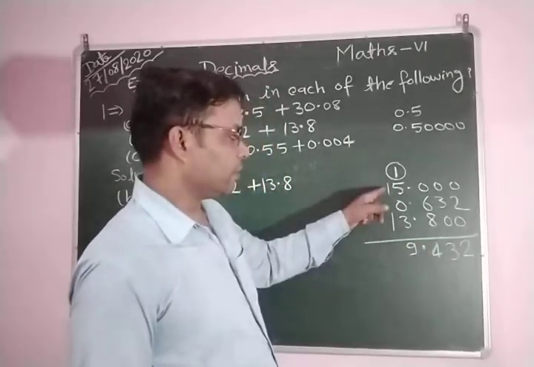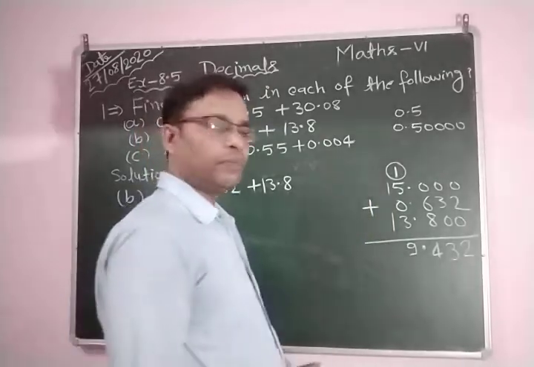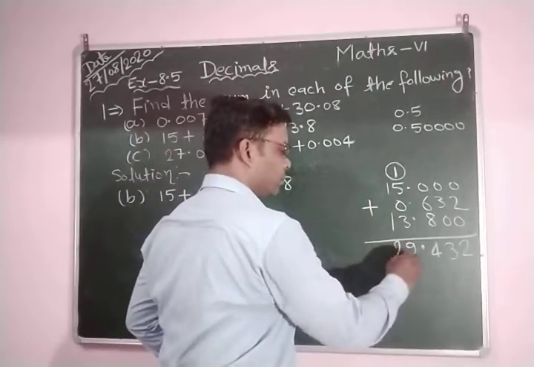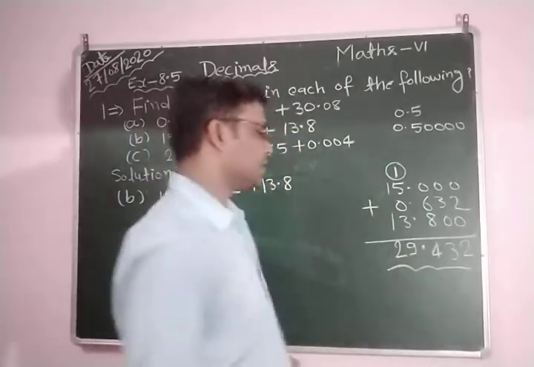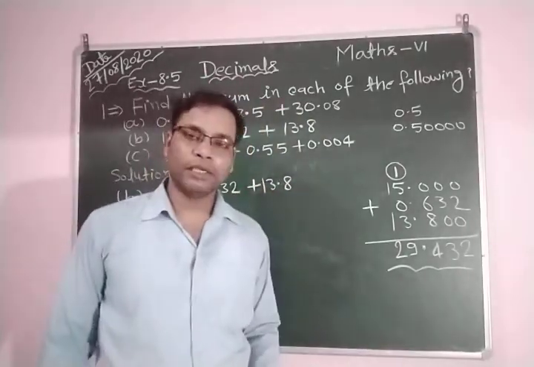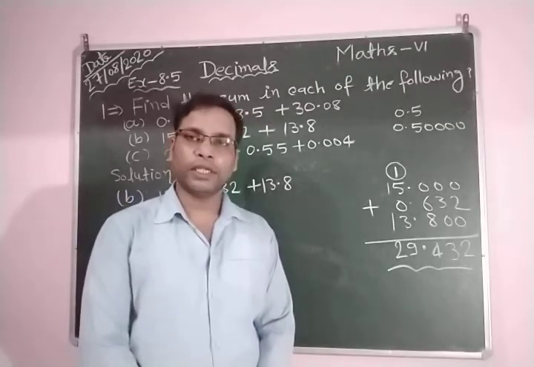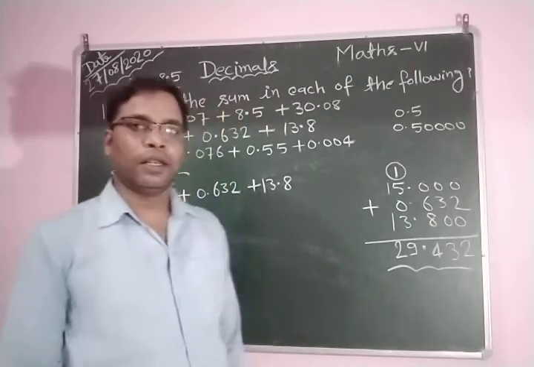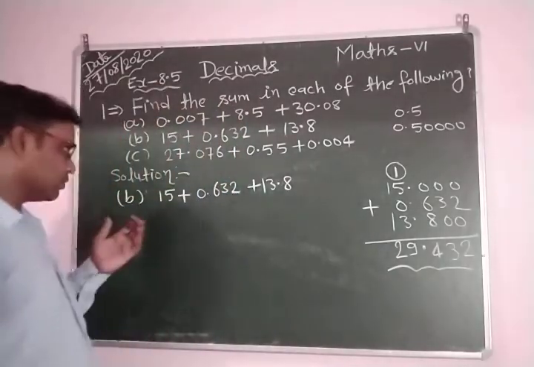Next, 1 plus 1 is equal to 2. So in this way you can see the sum of the given decimals is 29.432.